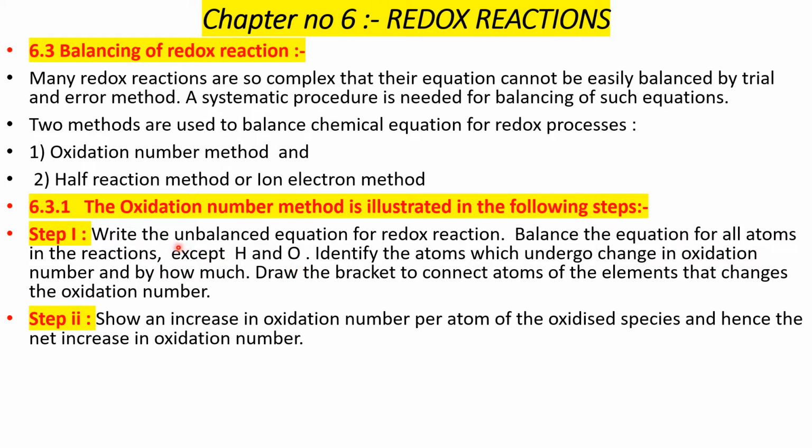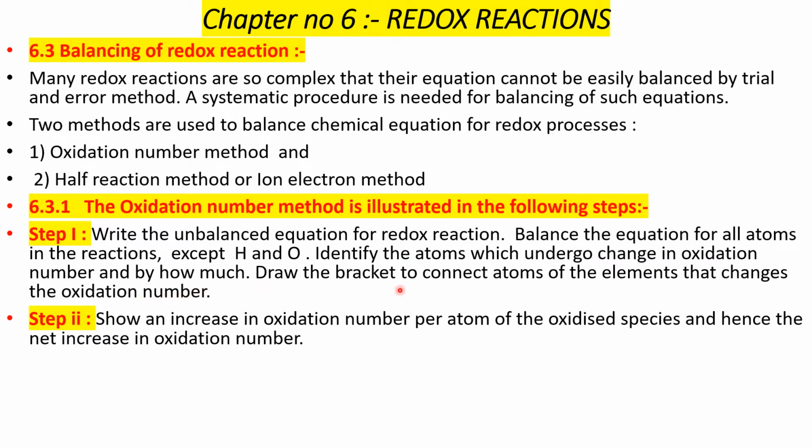Firstly, you have to write down the unbalanced equation. Then balance all the atoms in the reactions except hydrogen and oxygen. Then identify the atoms which undergo change in oxidation numbers, and by how much.